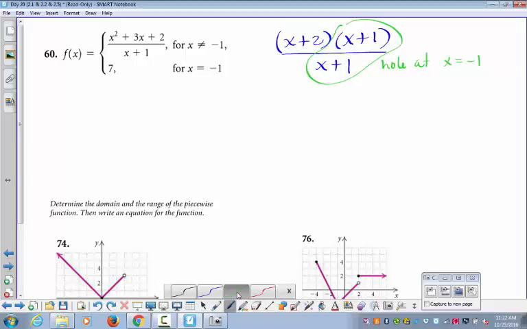So if there was an x plus 1 in the denominator and not an x plus 1 in the numerator, then we would have a vertical asymptote at -1. Right? So that's a hole. And what would the y value of the hole be? Don't look here, just look over here. What would the y value of the hole be?